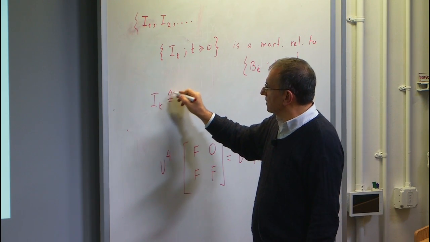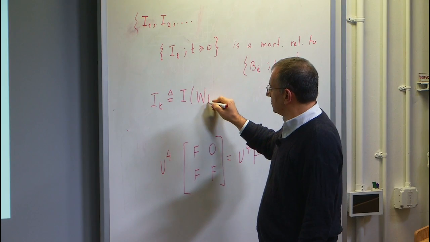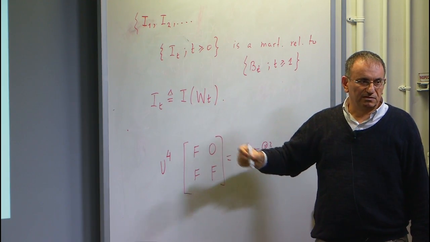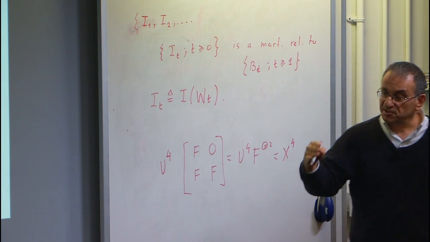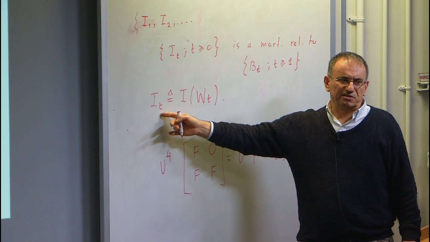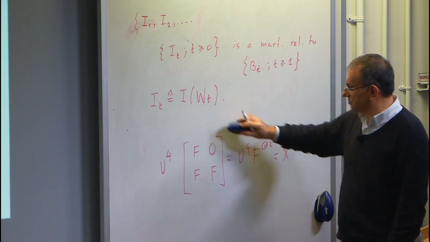What is I_t? I_t is defined as the capacity at time t. W_t is this channel sequence. It is not really a random process, but this one is, because it's real valued.